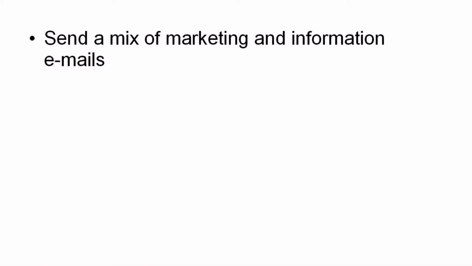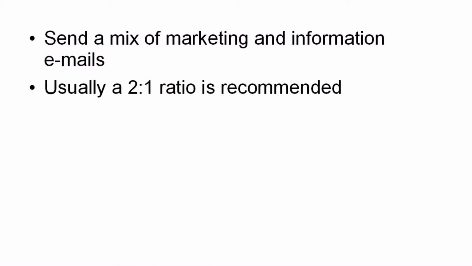Generally, whether you're doing an e-course or whether you've sent out a report or an e-book or something like that, your follow-up series wants to be a mix of marketing and information emails. And most people recommend a 2-to-1 ratio. That's 2 sales emails for 1 information email.